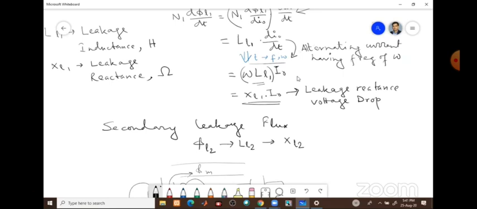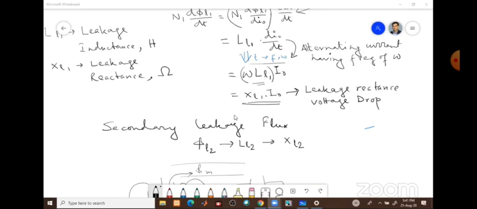Okay, so the last class, let me just stop the annotation. In the last class, we discussed a couple of problems on transformers and showed some basic principles on transformers.